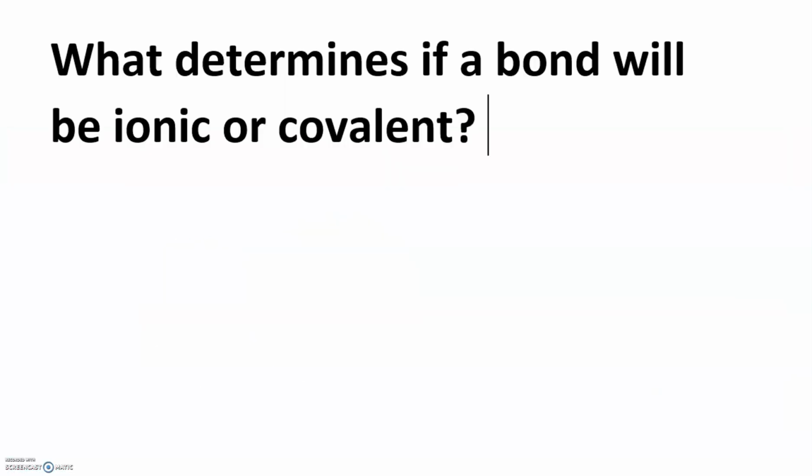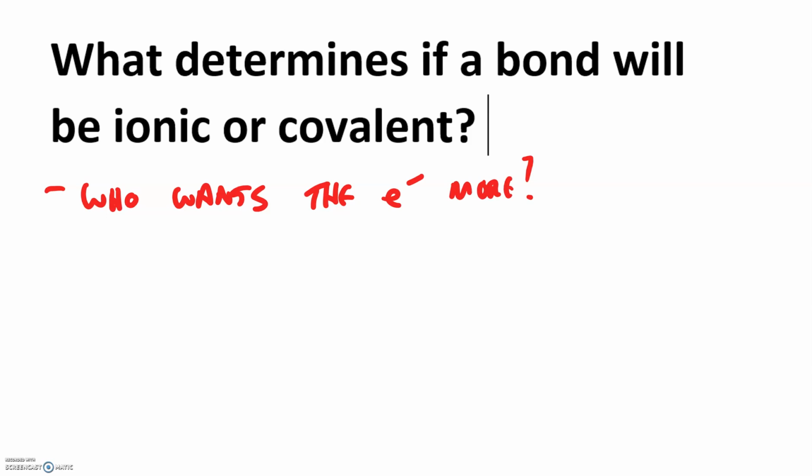So the question we want to ask is, what decides or determines if a bond is ionic or covalent? And we might rephrase this question by saying, who wants the electron more? So let's go back to a table that we saw back in chapter 5 that actually tells us who wants the electron more.